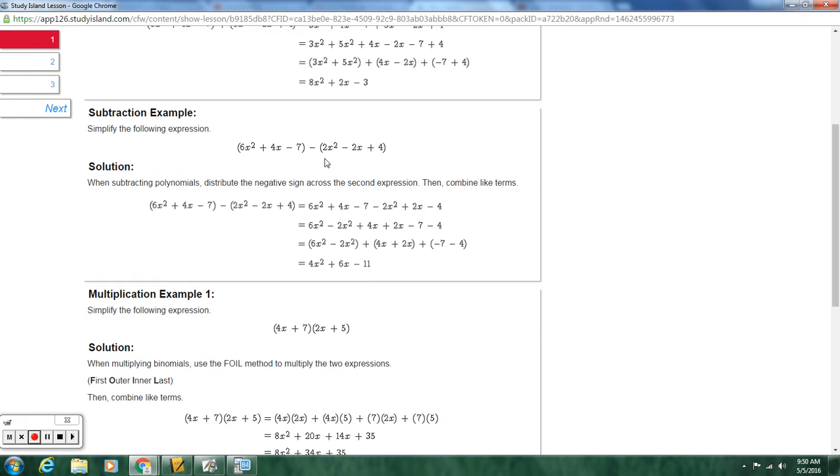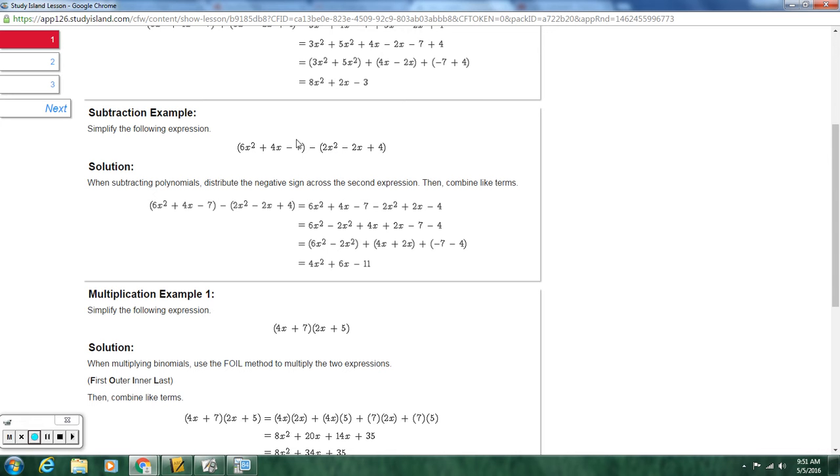Then we got down here to the subtracting one, and what happens to that subtraction? It gets what? Somebody said it. Distributed. It gets distributed to everything in here. So this is 6x squared minus 2x squared, which is where the 4x squared comes in.